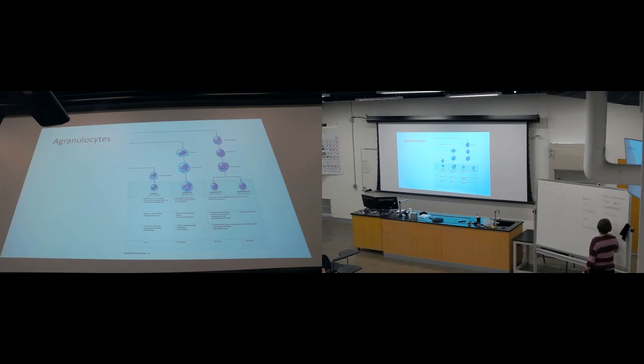Basophils form less than 1%. This one more or less like 50%, 40%, and then the other percentages to make 100. Like 4 to 6 for the monocytes. Any questions?